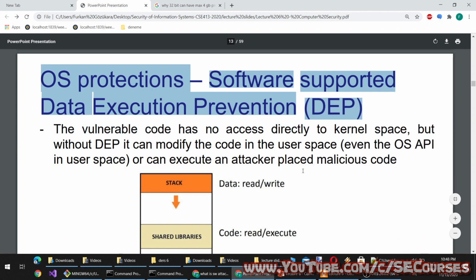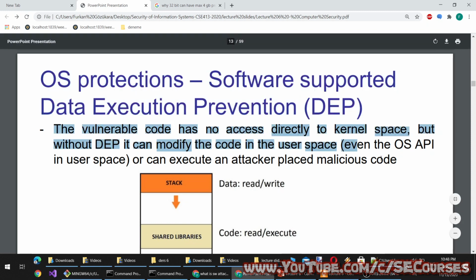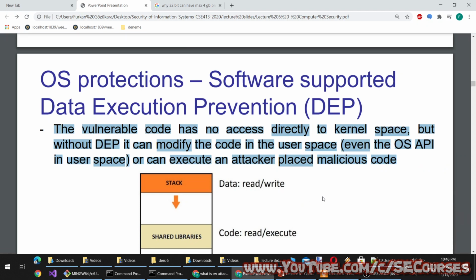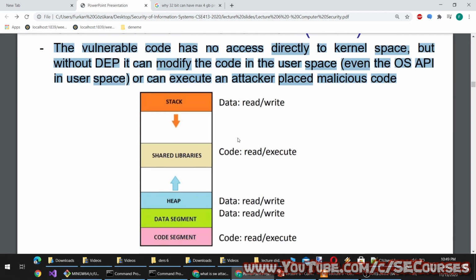OS protections, software supported data execution prevention, DEP. The vulnerable code has no access directly to kernel space, but without DEP it can modify the code in the user space, even the OS API in user space, or can execute an attacker-placed malicious code.